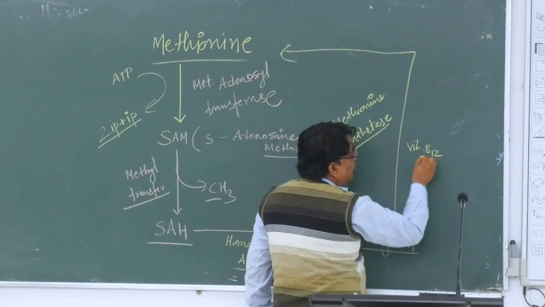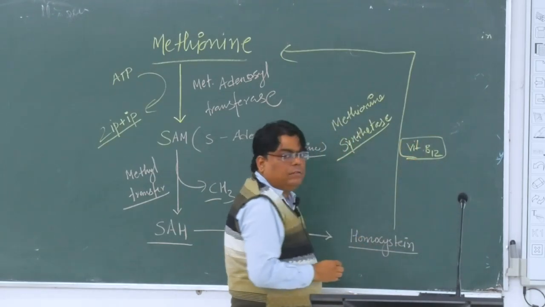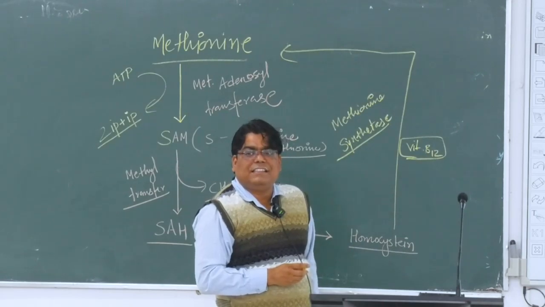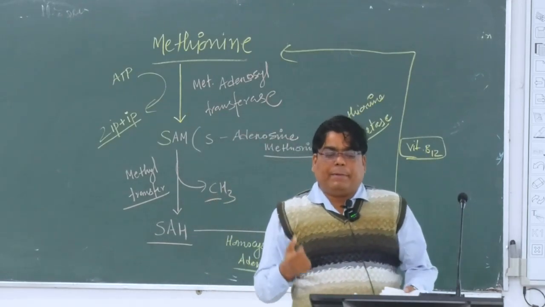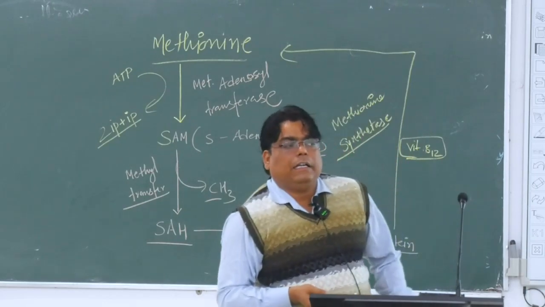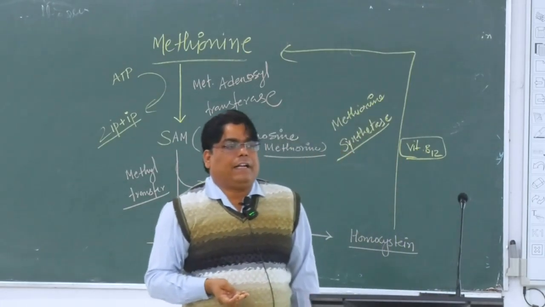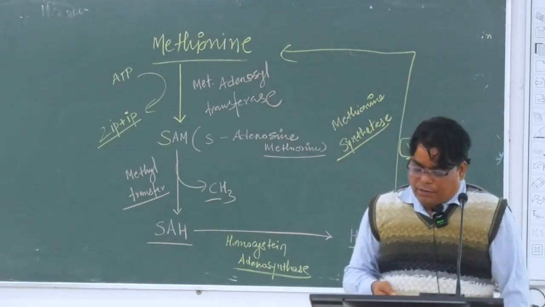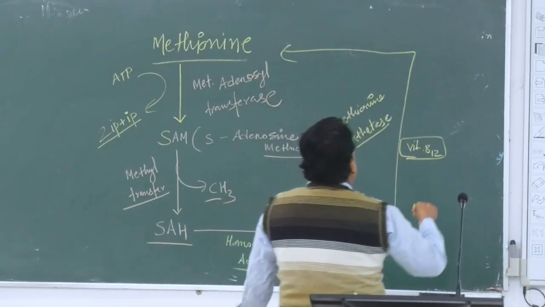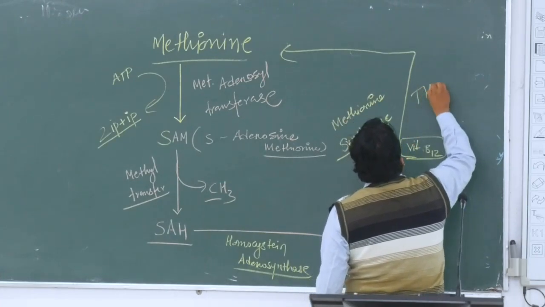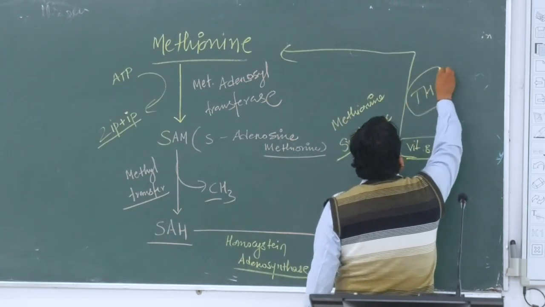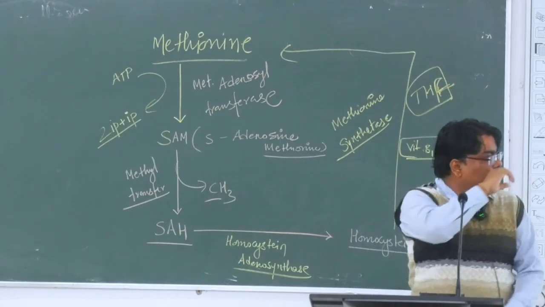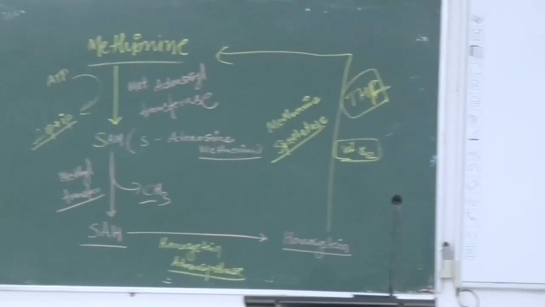Now you tell me the name of vitamin B12. Cyanocobalamin. What is the coenzymatic form involved? This is THF, tetrahydrofolate. With the help of THF, it can convert this.